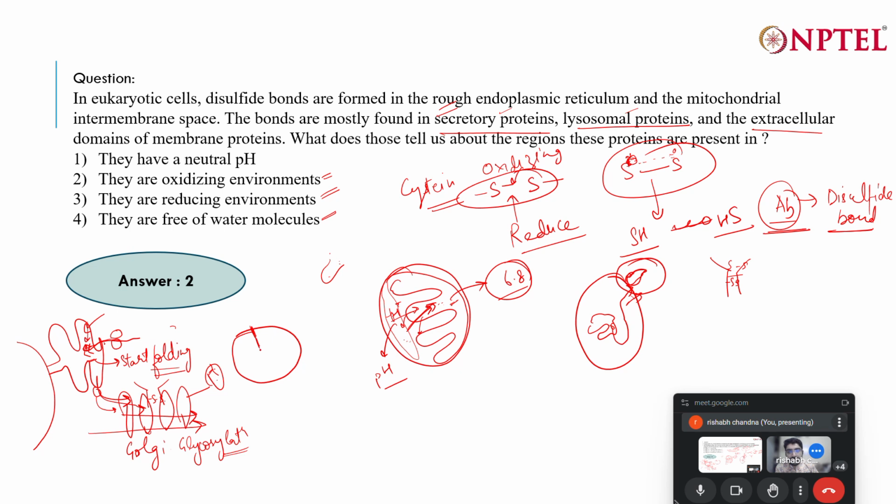This is the heavy chain, and the light chain is attached like this. So this is an immunoglobulin molecule formed from this procedure after protein folding. After this, the vesicle merges into the cell membrane.